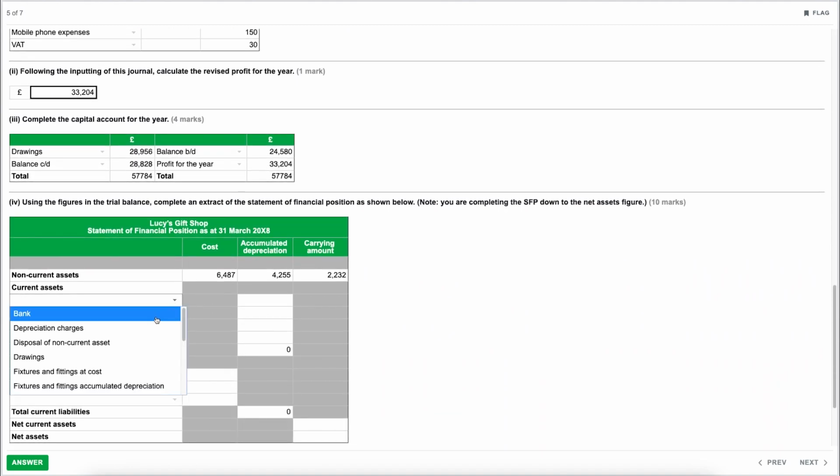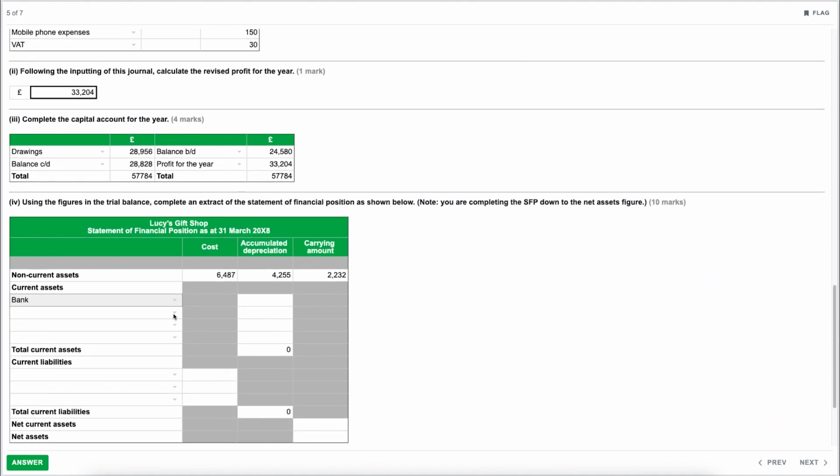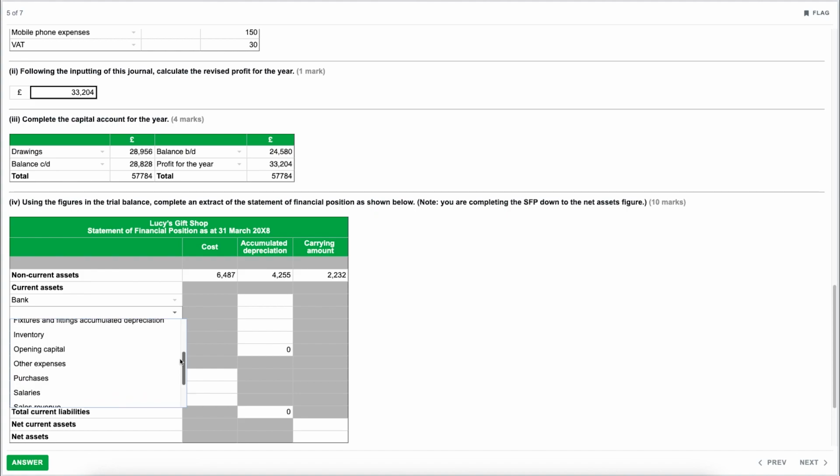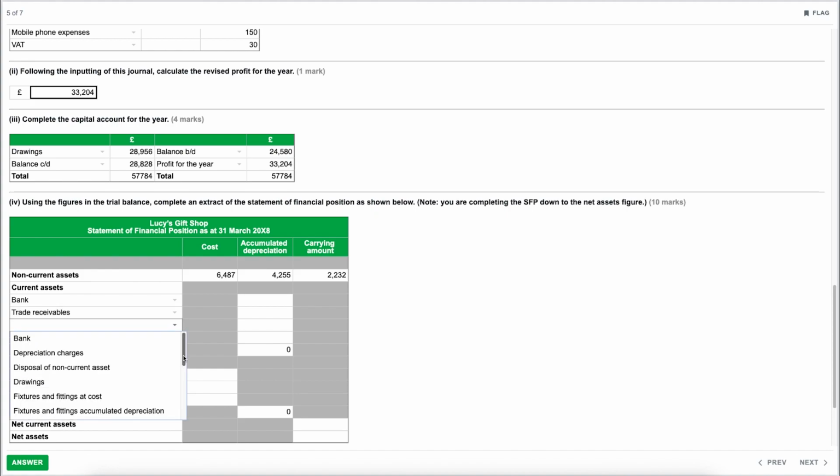So we have bank. In theory, truth be told, you do usually do these in order of liquidity, but it really doesn't matter. You don't lose any marks on this for not doing them in the order of liquidity. So trade receivables and inventory. Excellent. Right, let's enter the figures in.